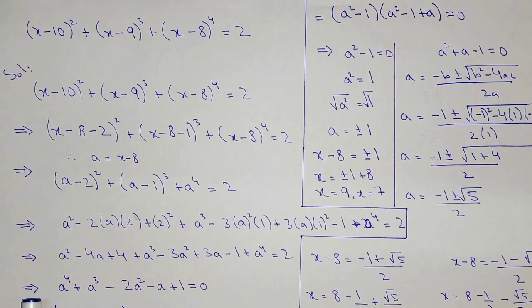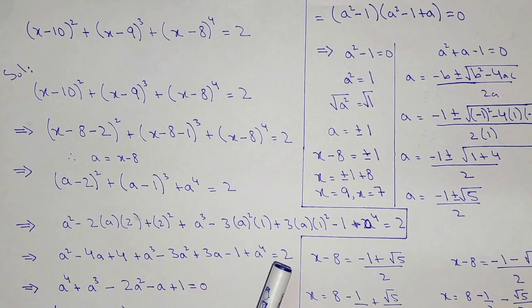Now starting from the highest power, that is a power 4 plus a power 3 minus 2a square, because minus 3a square plus a square is minus 2a square, minus a, because minus 4a plus 3a is minus a, so plus 1. Why plus 1?